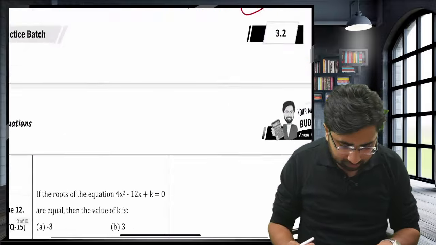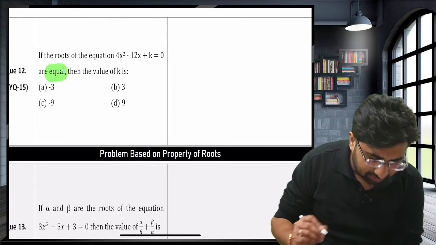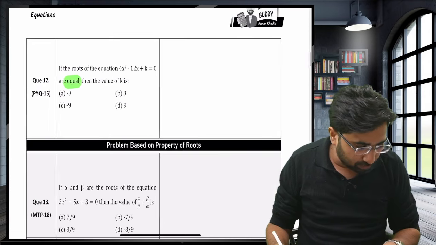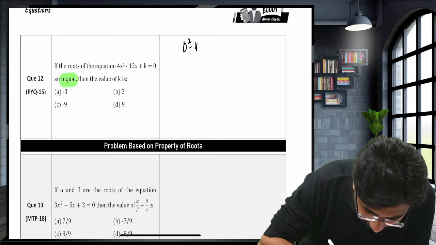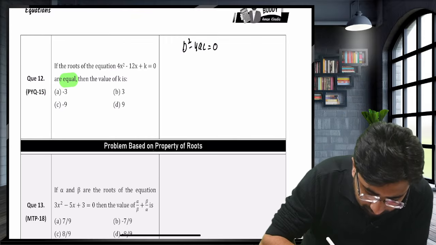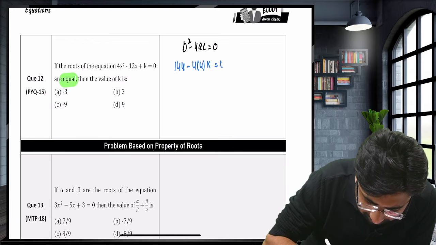Moving forward, guys. Again, roots of this equation are equal. If roots are equal, we can say that b square minus 4ac is equal to 0. So what is b square? Minus 12 square is 144, minus 4 into a into c equals 0.